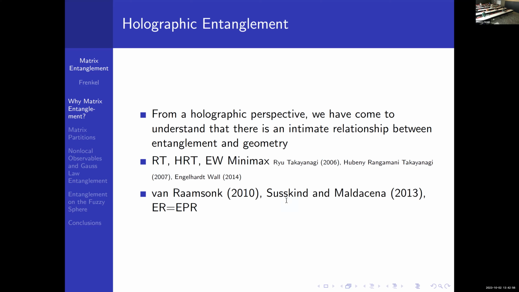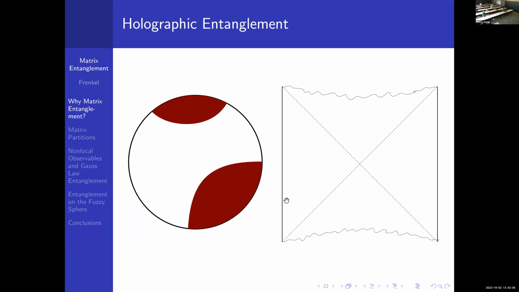And one very concrete example of this is the bulk geometry of two thermally entangled CFTs. So these are the relevant cartoons with some RT surfaces and the relevant bits of the geometry that are reconstructed by subsets of the boundary.